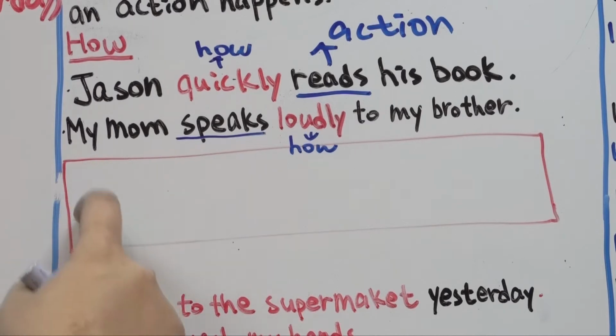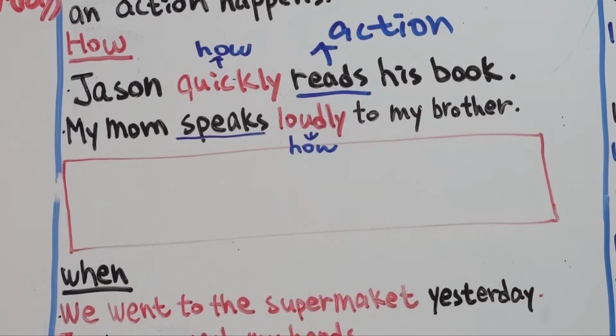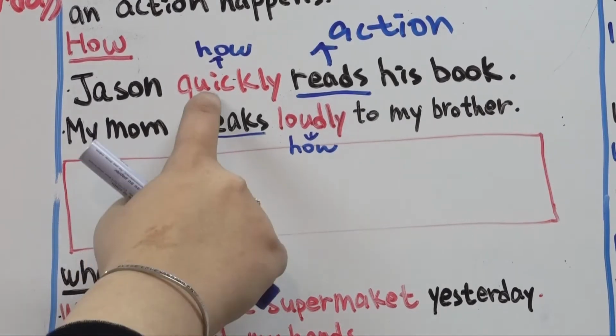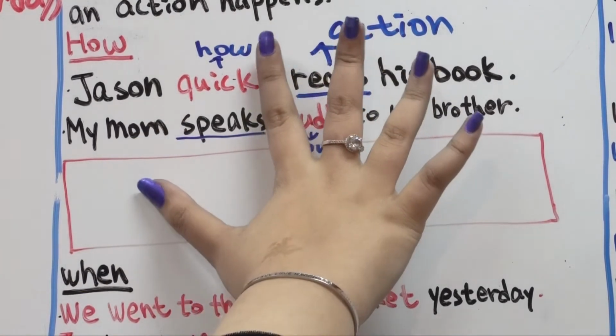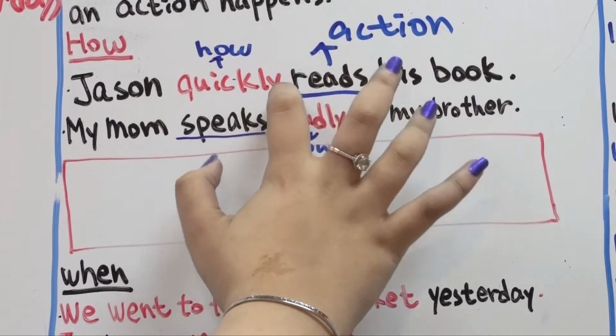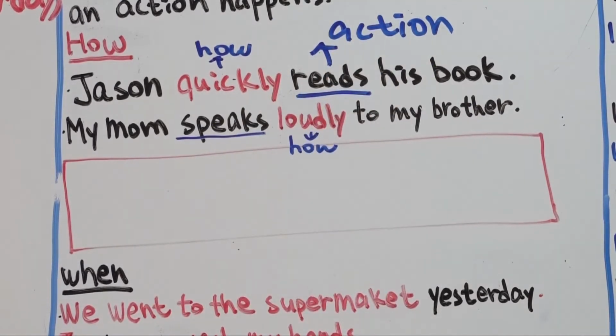You will see a box in your book, right? You have to write down a few more examples of adverbs. Let's find out. So, what is the opposite of quick? Remember, this adverb is formed with an adjective, right? Adjective add ly.